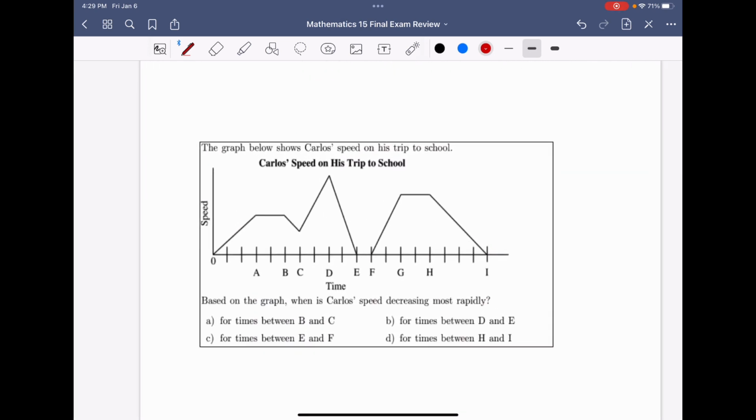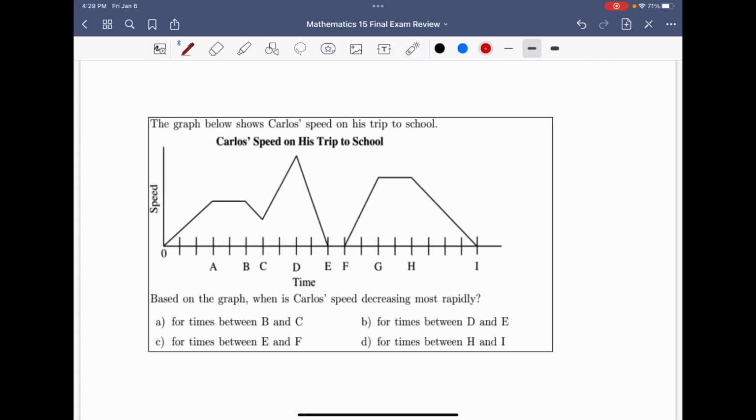All right, the graph below shows Carlos's speed on his trip to school. Based on the graph, when is Carlos' speed decreasing most rapidly? So when time and speed are compared on these axes, we know that speed can fluctuate by a certain amount, but if it's related to time, then we need to say which one has the greatest rise over run. Because they're saying, more specifically, when is it decreasing the most rapidly?